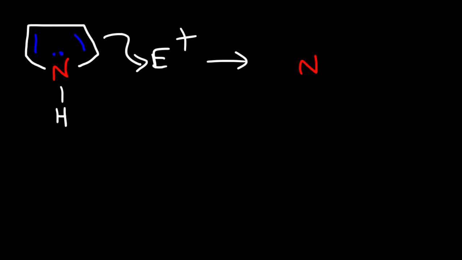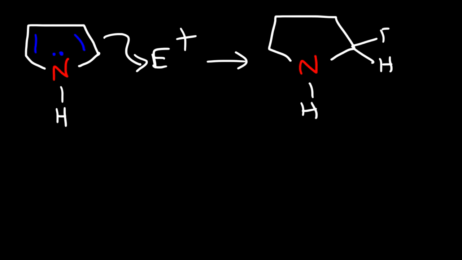Now let's see what resonance structures we can draw. So keep in mind there's a hydrogen atom here. So here's the hydrogen, here's the electrophile, which means that the positive charge is now on that carbon. Now let's draw the resonance structure by moving the double bond here. And so we're going to get something that looks like this.